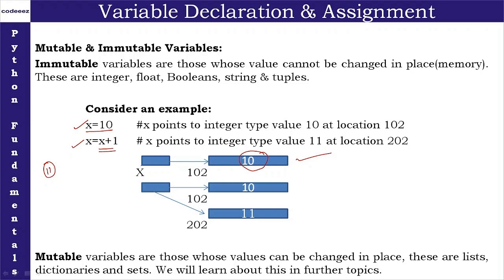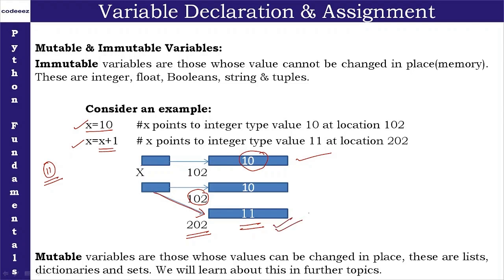Now x will shift to some other location. x will start pointing to some other location where the value 11 is stored. So in this case, the value 11 is stored at the location 202, right? So the shifting of the pointer will take place. Instead of pointing to 102, now it will point to 202, a new location having the value 11, right?